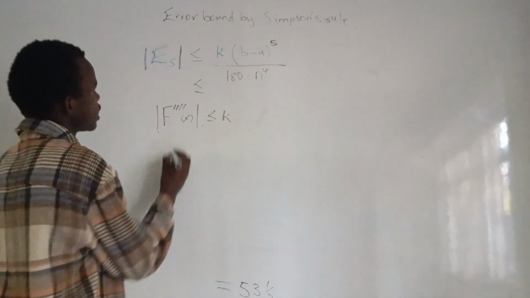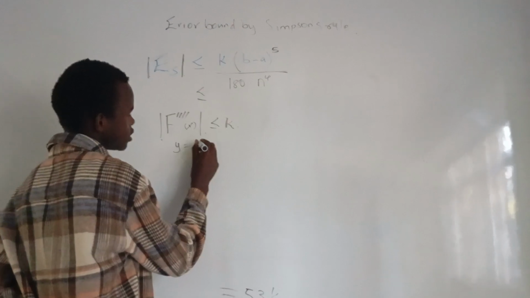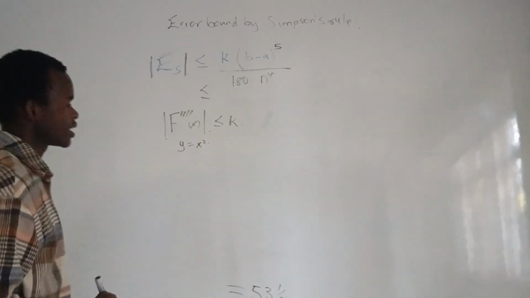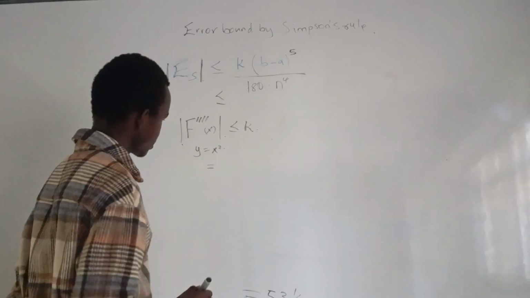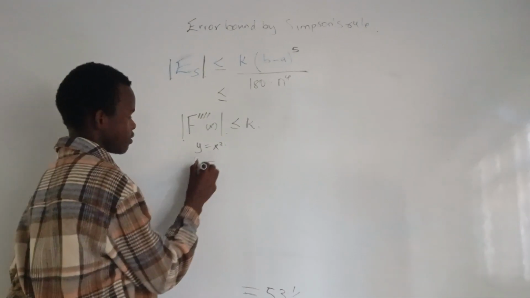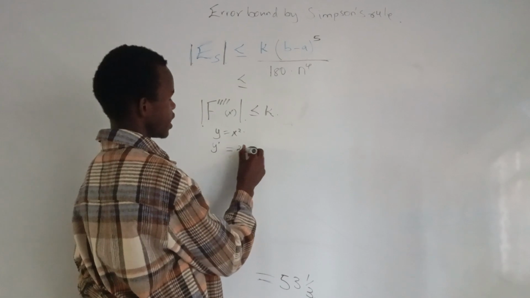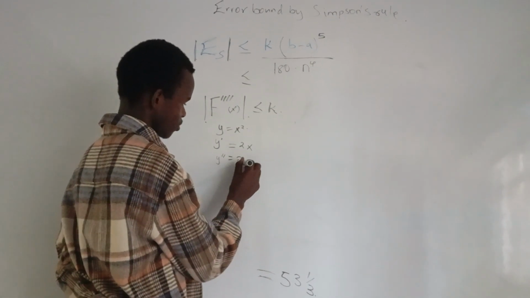So let's find our y. Our y equals x squared. This example is funny, but it will just suffice. So our first derivative will be 2x. Our second derivative will be just 2.